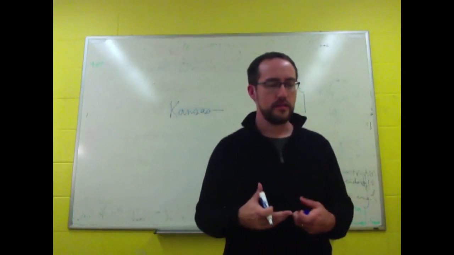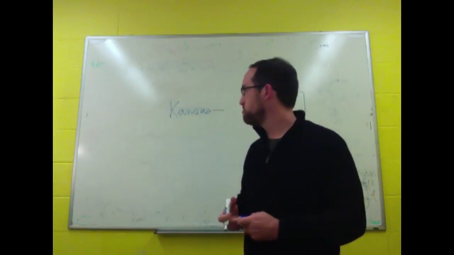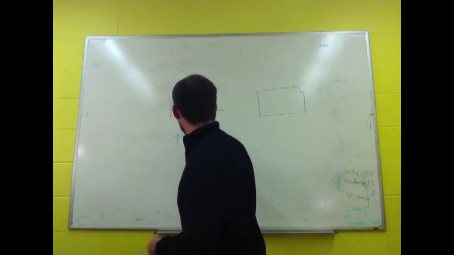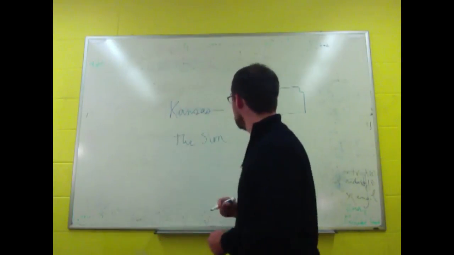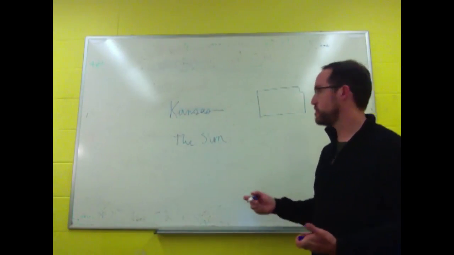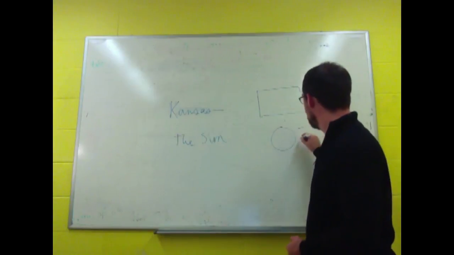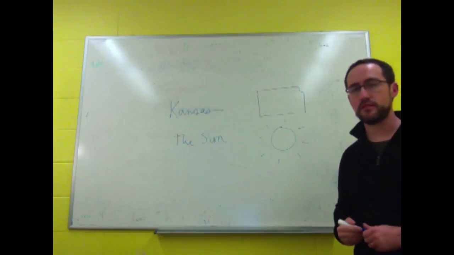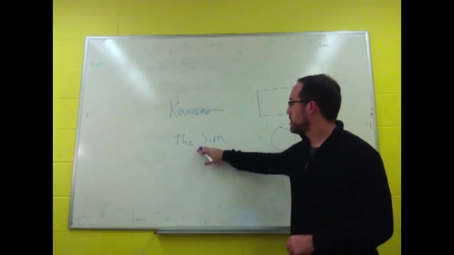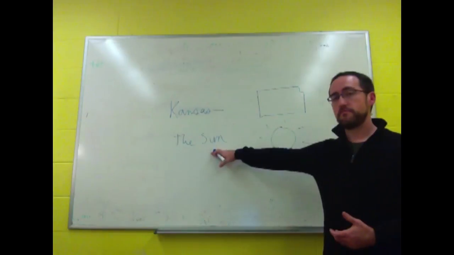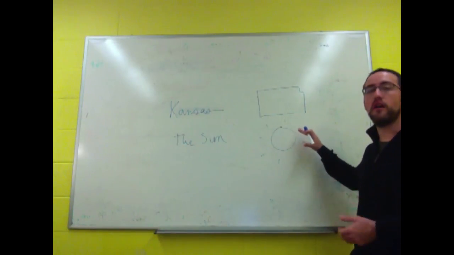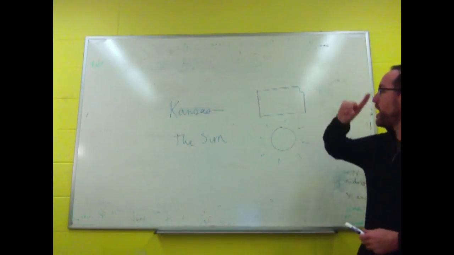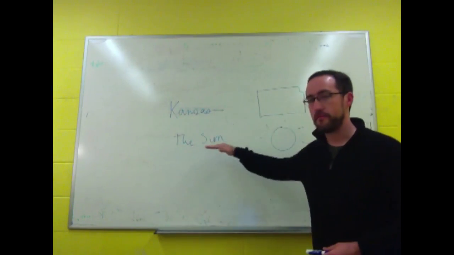Or to take another example, the sun. The sun refers to the big gaseous ball of fusion at the center of our solar system. This is a linguistic expression. This is a picture of the actual object out there far away from us. And these are not the same thing.